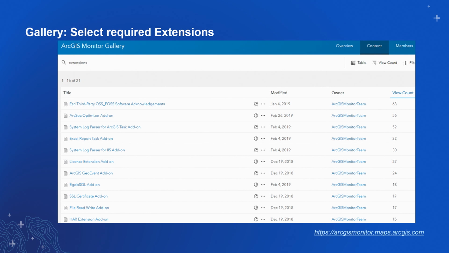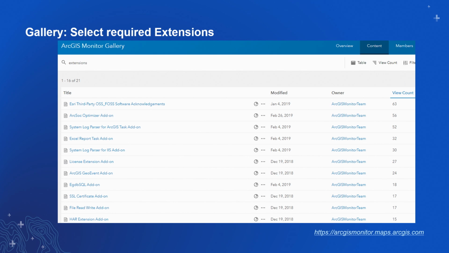Okay, so you could definitely take advantage of the ArcGIS Optimizer because it's a robot that will go and identify services that are not used, and it will reduce the memory, and then identify those that are used, and it will increase it. So just remember that these extensions are a very important part of your configuration.